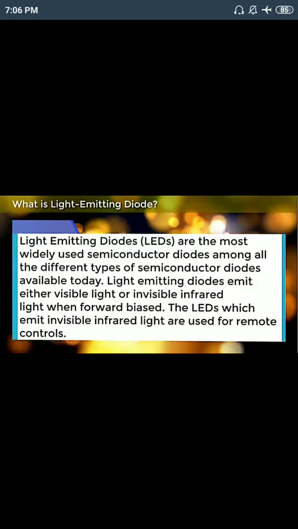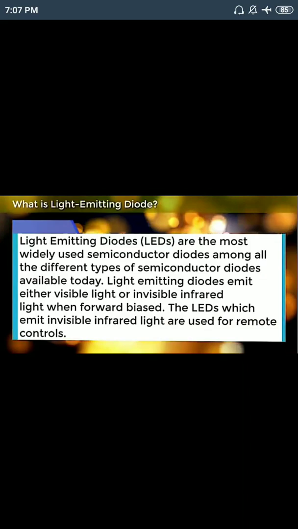In TV remotes, you see one LED attached at the top. But when we switch on the TV with the remote, that LED does not glow, because it emits invisible infrared light. That light is not visible to us, but it works.